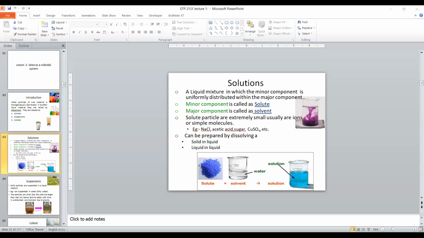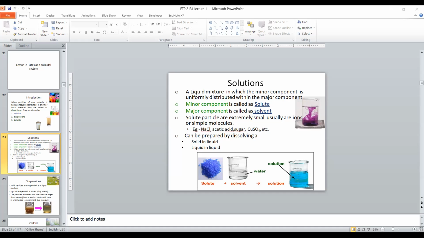If the particle is very small, upthrust will balance the weight of the particle so that sedimentation will not occur. Usually, these particles are in the range of 100 nanometers or below. You will definitely not get any type of sedimentation.